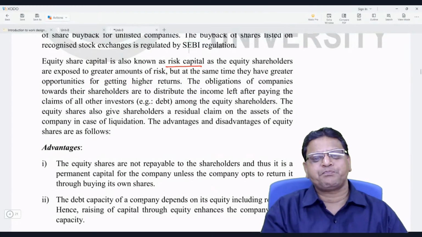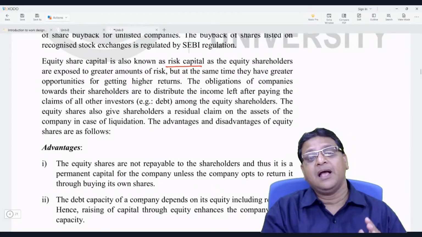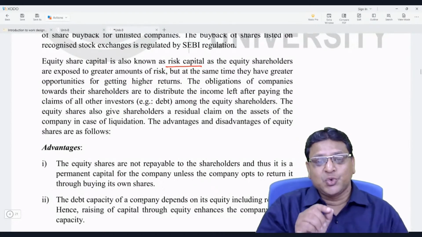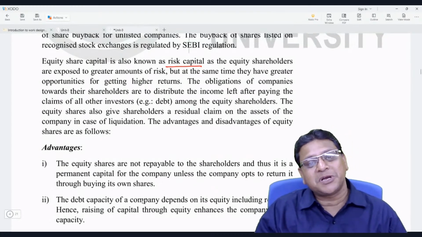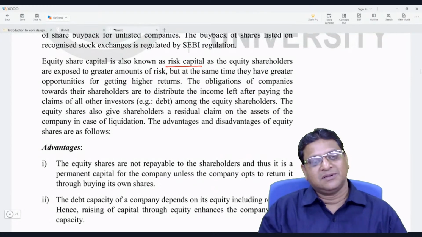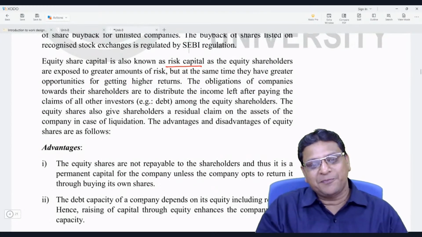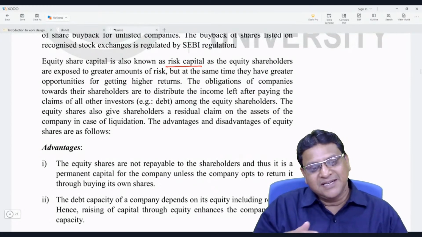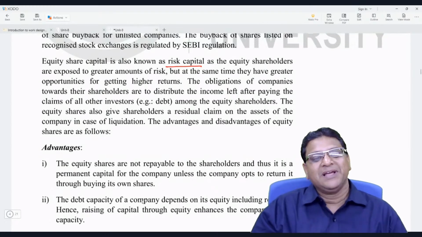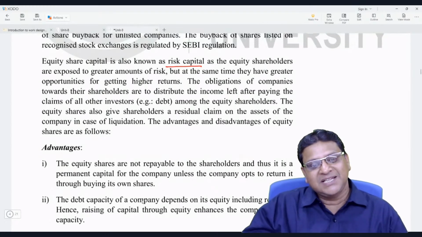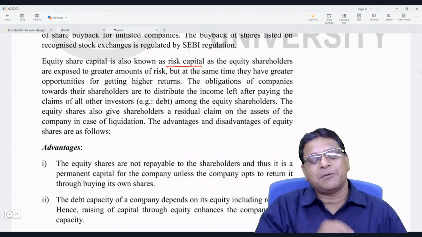Now we will discuss different advantages and disadvantages of equity share capital. I have already told that there is no compulsion on the part of the company to provide dividend to the equity shareholders. Similarly, at the time of liquidation of the company, at the time of closure of the company, first the outsiders take back their money.